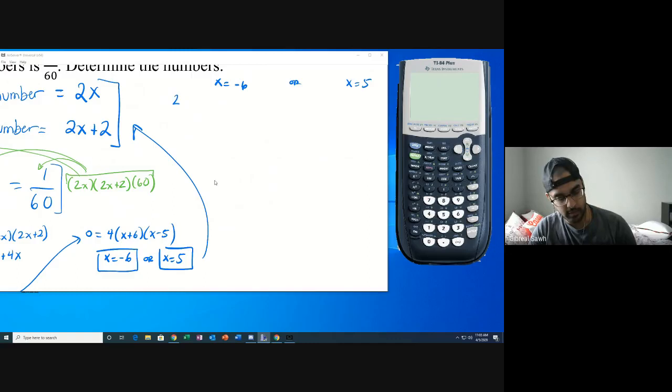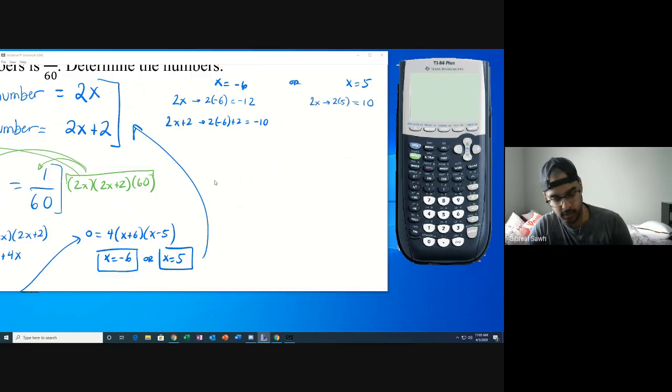So if our first number is 2x, that means it's 2 times -6, which is -12. Okay, so 2x plus 2, 2 times -6, and 2 more. That's going to give us -10. We'll plug in the other one for 5, and then we'll actually talk about them. So 2x means 2 times 5.